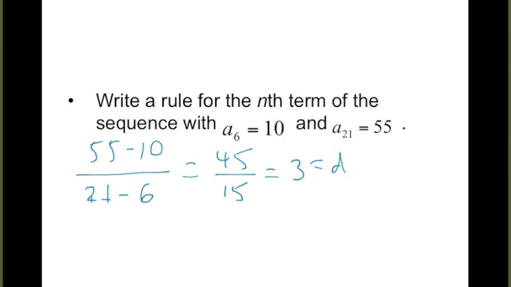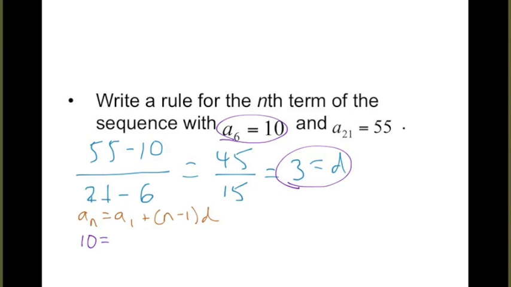So now we have our difference, and we have 2 terms. It doesn't matter which one you use. I usually like to work with smaller numbers, so I'm going to pick the one with the numbers that I like better, but it doesn't really matter. You pick one of them, and this becomes now exactly like the previous problem. We're going to take whichever term we picked and plug in its value as 10.